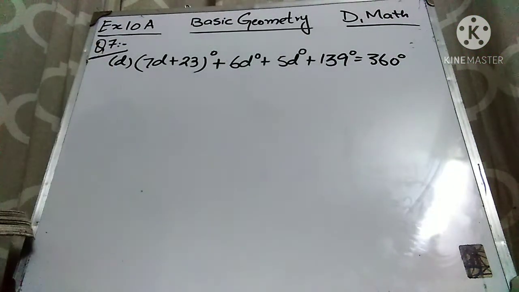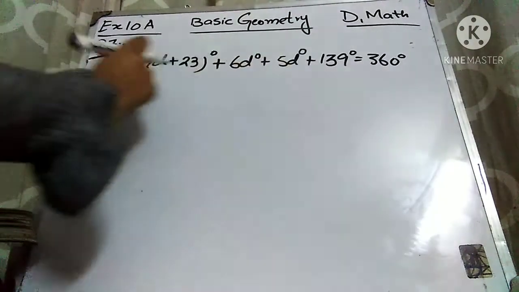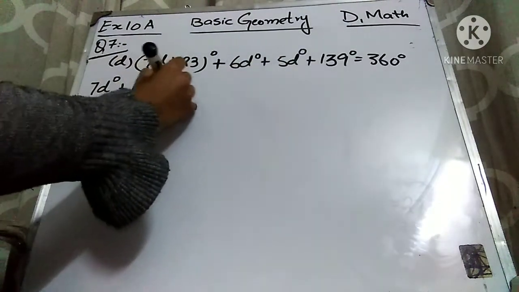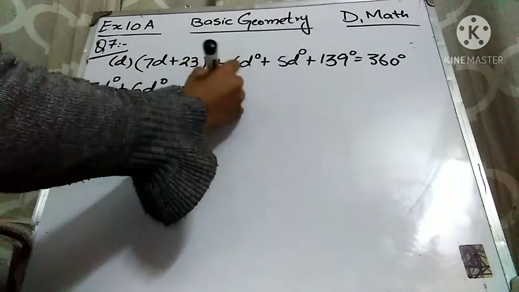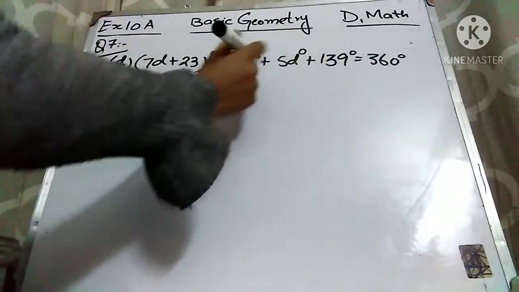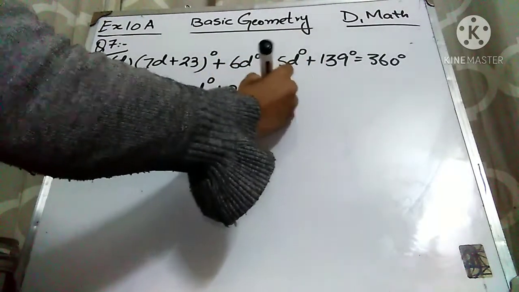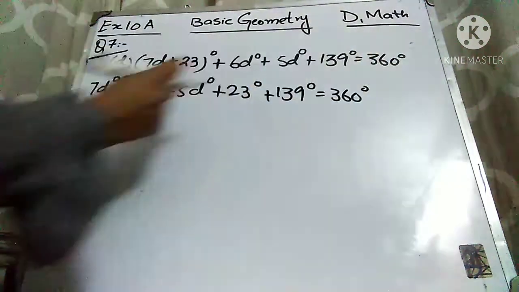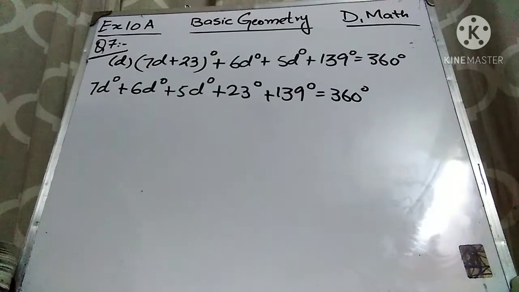Now, okay, students, here like and unlike terms are together. What I will do is write down like terms together. So this D and this D, these three are the like terms. So I'm going to write them together: 7D, 6D and 5D. Now I'm going to write down the unlike terms together, which are 23 and 139. Now I will solve them. You know that we always solve like terms together.